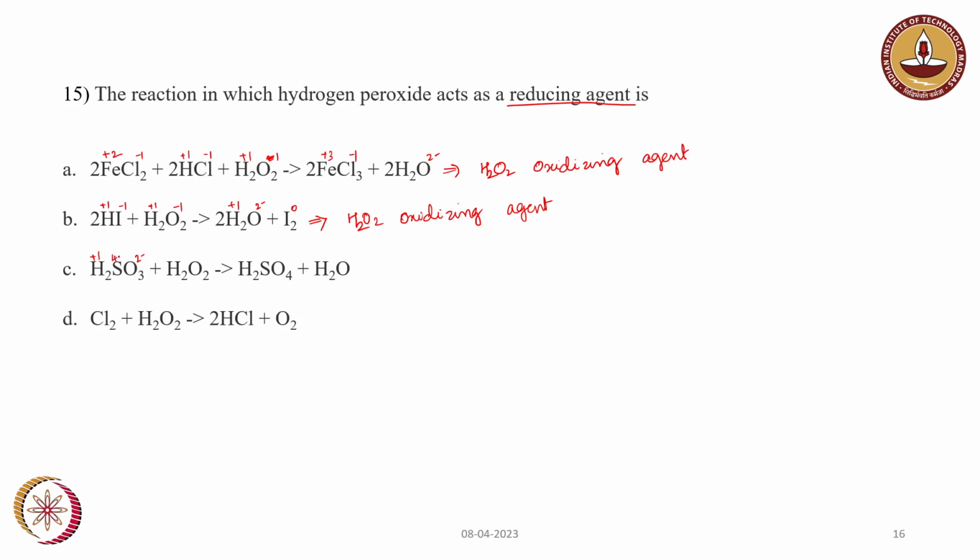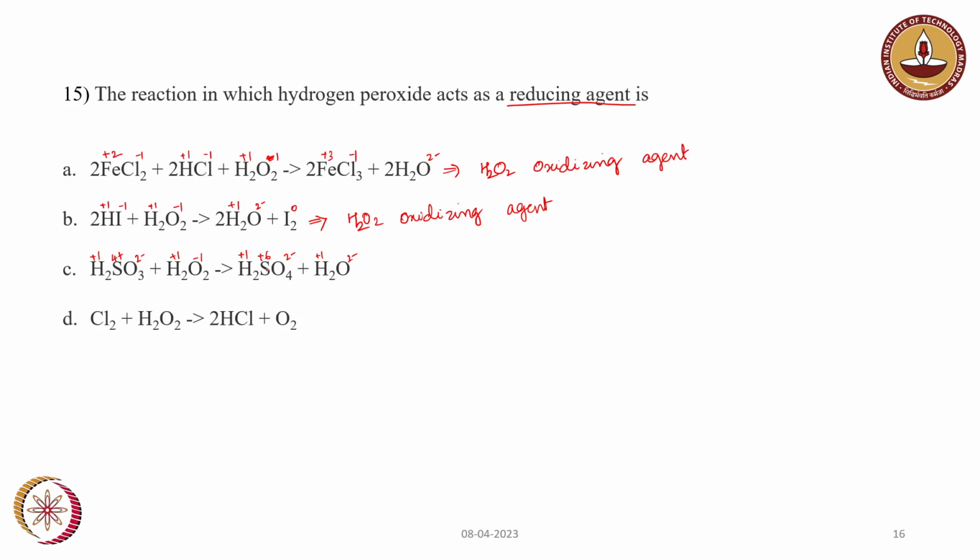So S is in 4 plus oxidation state, and in H2O2 oxygen is -1, hydrogen is +1, and in H2SO4 hydrogen is in +1, oxygen is in 2 minus. So 4 oxygen, so -8, -8 plus 2 +1, so that will be -6. So to compensate that, sulfur should be in +6, and hydrogen is in +1 and oxygen is in 2 minus.